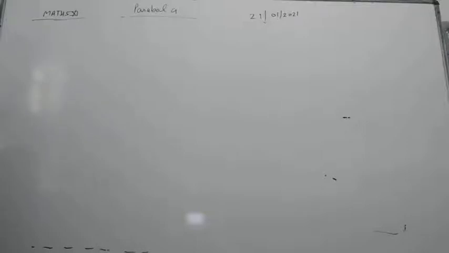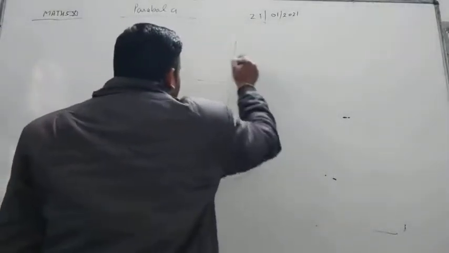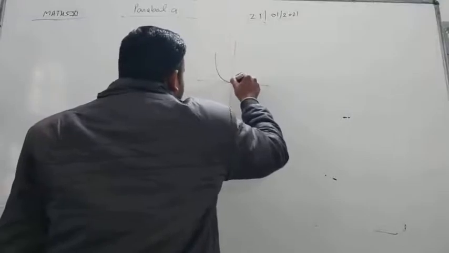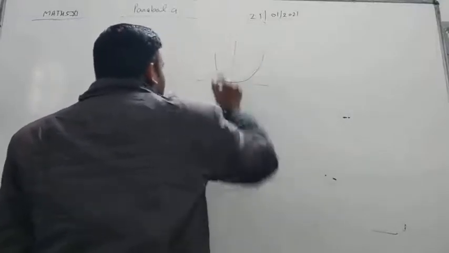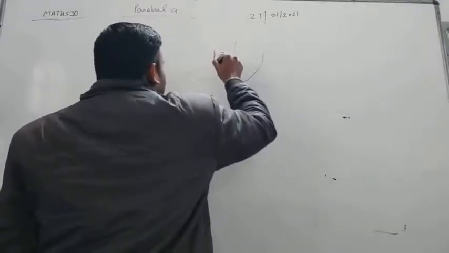Okay, students, an arc is in the form of a parabola with a vertical axis. So this is the parabola, and the parabola lies on its vertical axis.